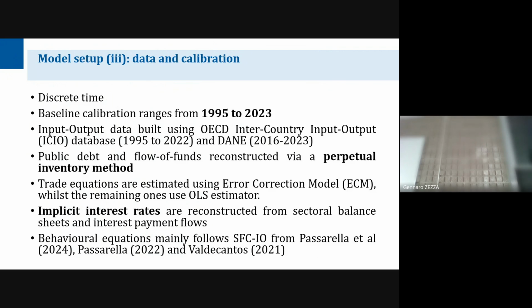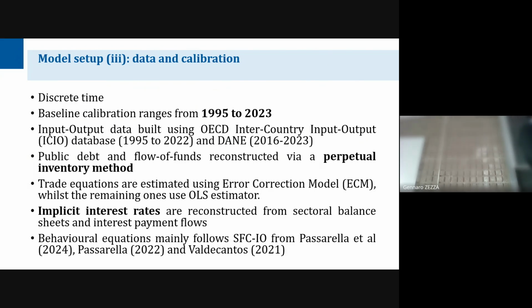Then we use a mostly standardized methodology to come up with public debt and flow of funds numbers. We estimated the trade equations using ECM, and the remaining ones were estimated using OLS techniques. The implicit interest rate is calculated using interest payment flows and the sectoral balance sheets that we constructed.